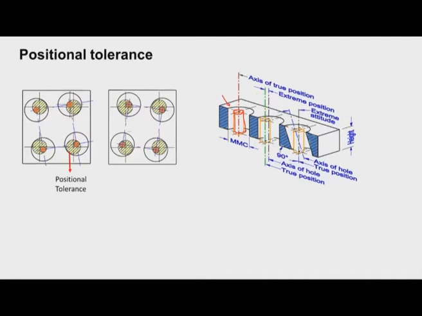This is the ideal condition where the desired center and the actual center coincide, and here there is a deviation from the desired position. That means the center of the hole that is drilled is here, and in this case there is an angle, but again the center is within the allowed deviation.